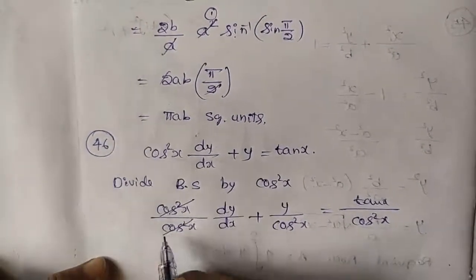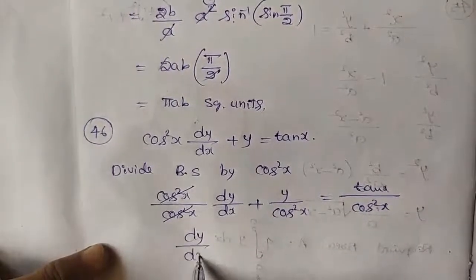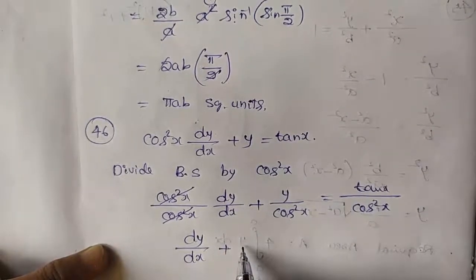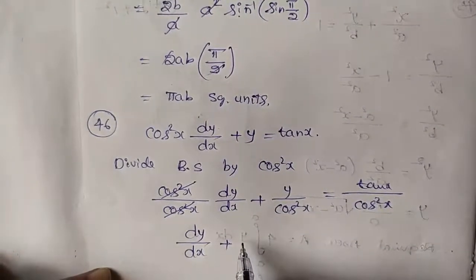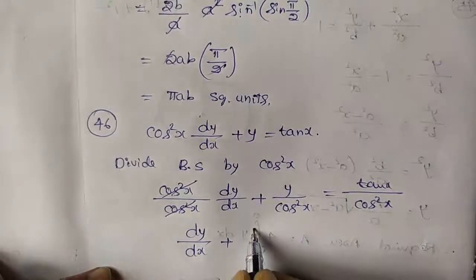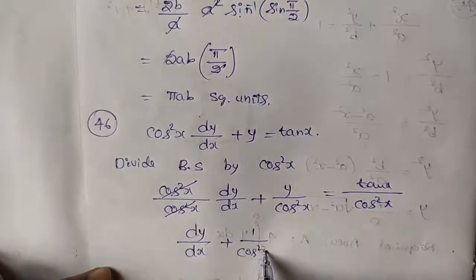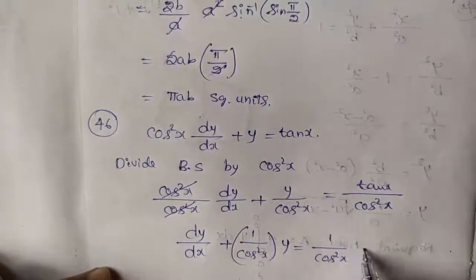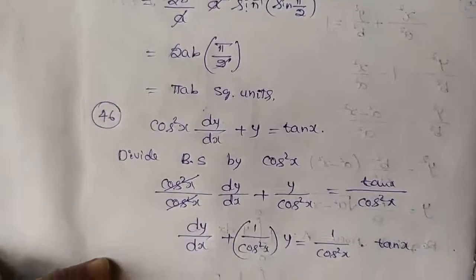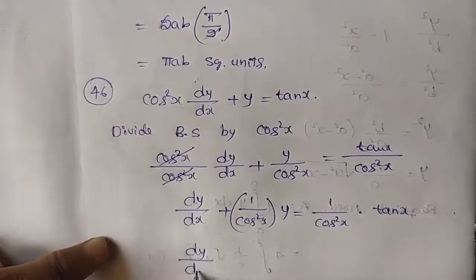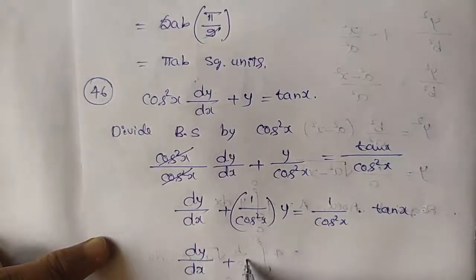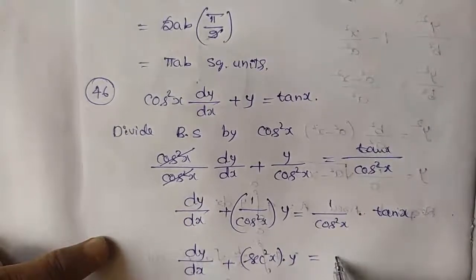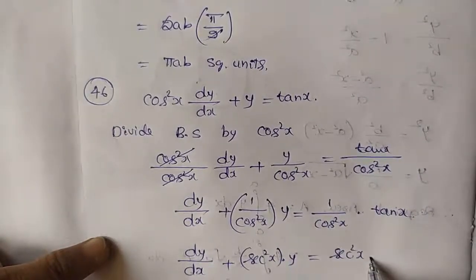So cos square x will get cancelled, dy by dx plus, so 1 by cos square x is nothing but secant square x. So 1 by cos square x into y equals to, this can be written as 1 by cos square x into tan x, right? Therefore dy by dx plus 1 by cos square x, secant square x, into y equals to 1 by cos square x, secant square x, into tan x.